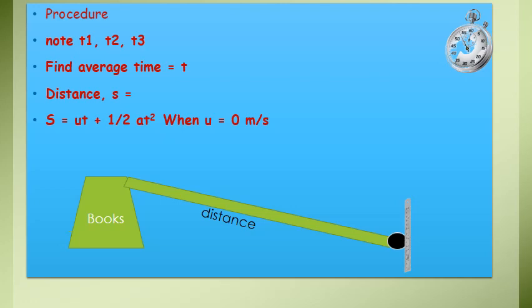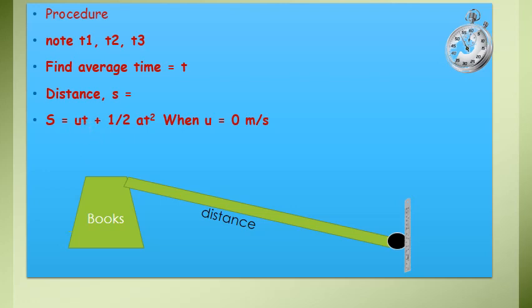A marble is rolling down from the top of the stack of books. Rolling down from the top means the initial velocity is 0, so u is equal to 0. When u is equal to 0, ut becomes 0.